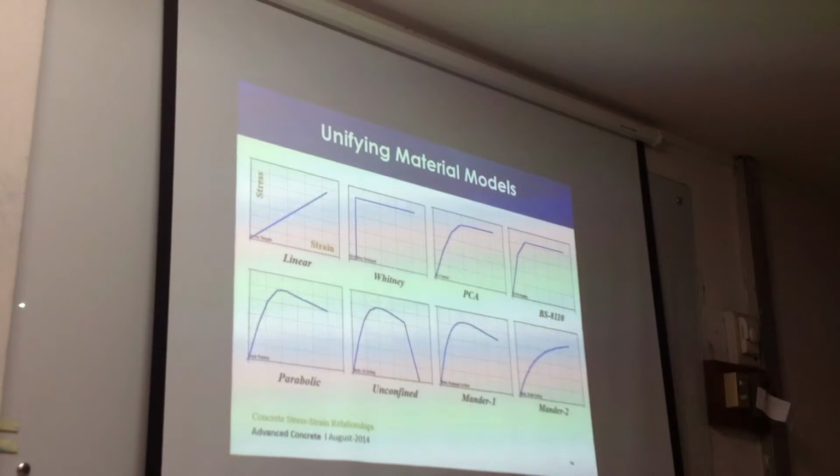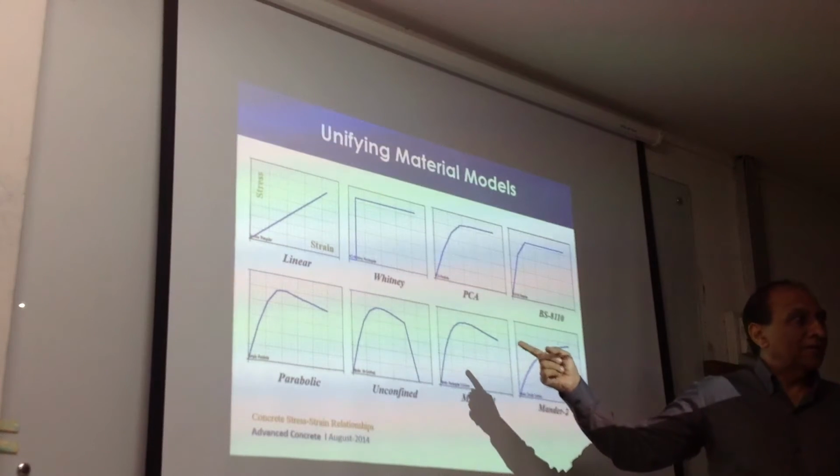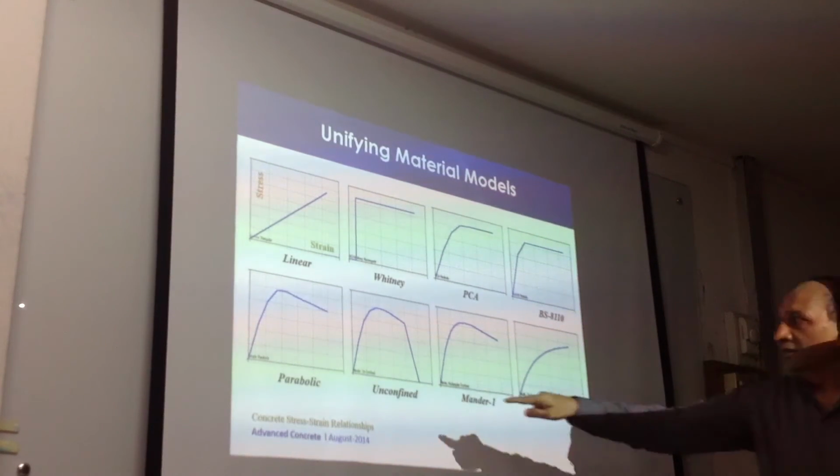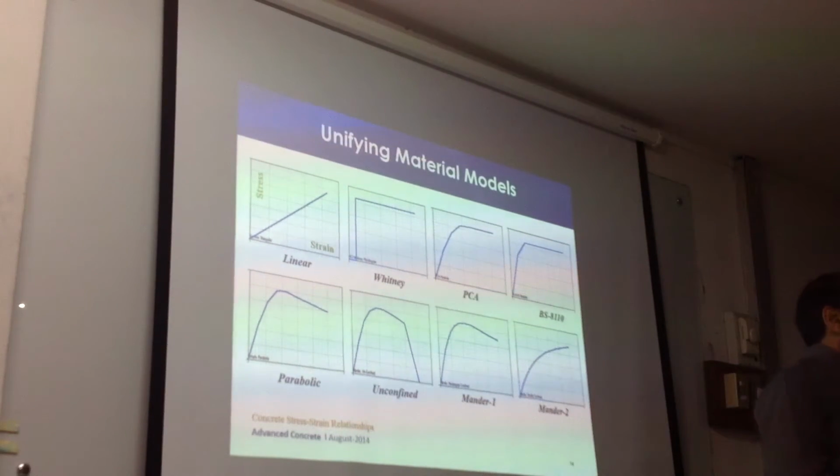I simply have to specify the coordinates of the points in a certain way, and I can include every stress strain curve in my theory, because I'm going to develop the theory based on a series of points which define a curve, which define a relationship between stress and strain.